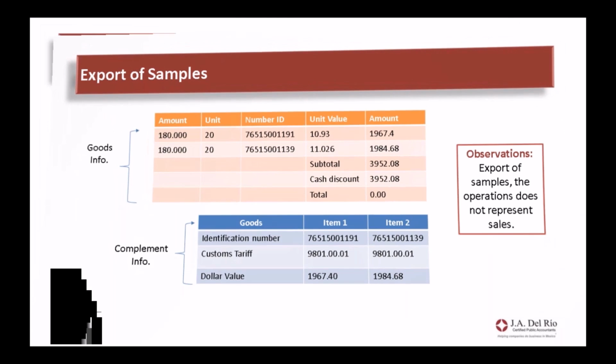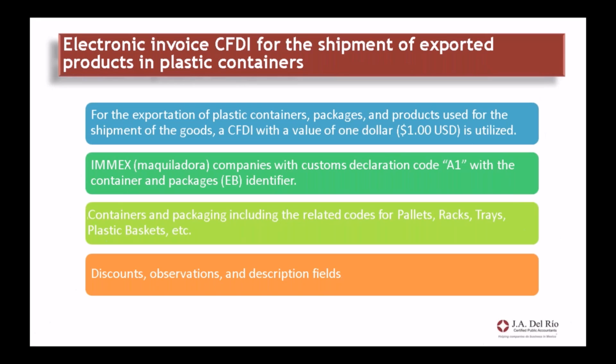And also, there is another electronic invoice for the shipment of exported products in plastic containers. This is very much used when maquiladoras or IMEX companies export merchandise. They use containers or plastic packages that they need to export and to have a pedimento with a code of A1 and EB.